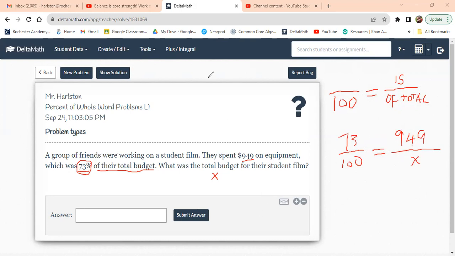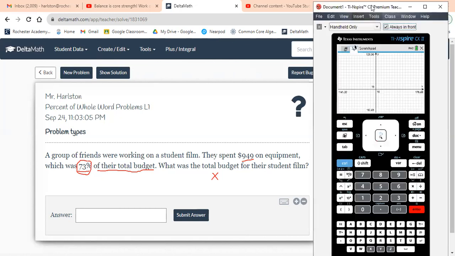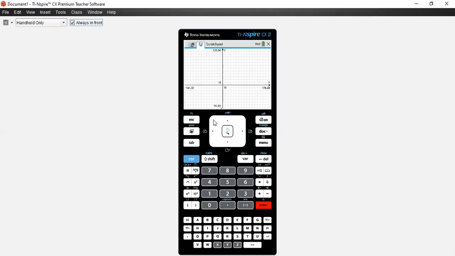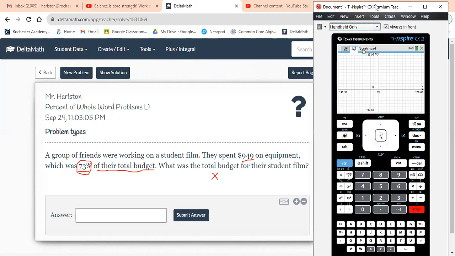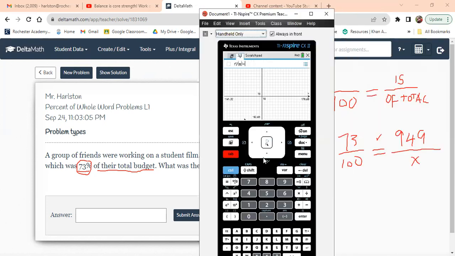What I recommend that you do is once you get your equation, just go ahead and graph it. So watch the left-hand side. Let me move this again. Left-hand side goes into F1.